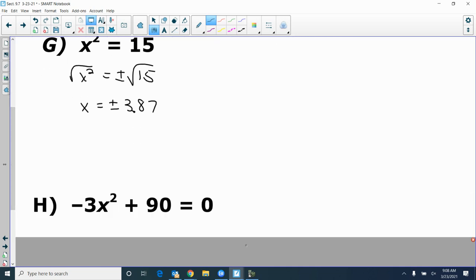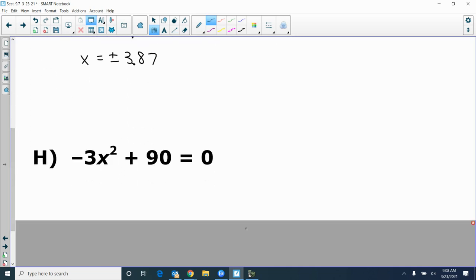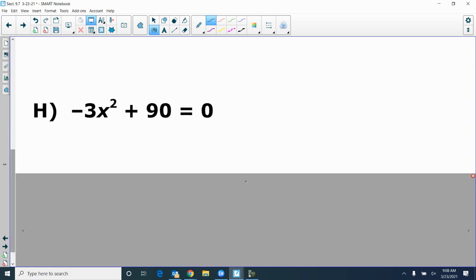All right, now take a look at this one. Negative 3x squared plus 90 equals 0. Do you see, there's no x term in here, so we want to get x squared by itself. So I'm going to subtract 90.